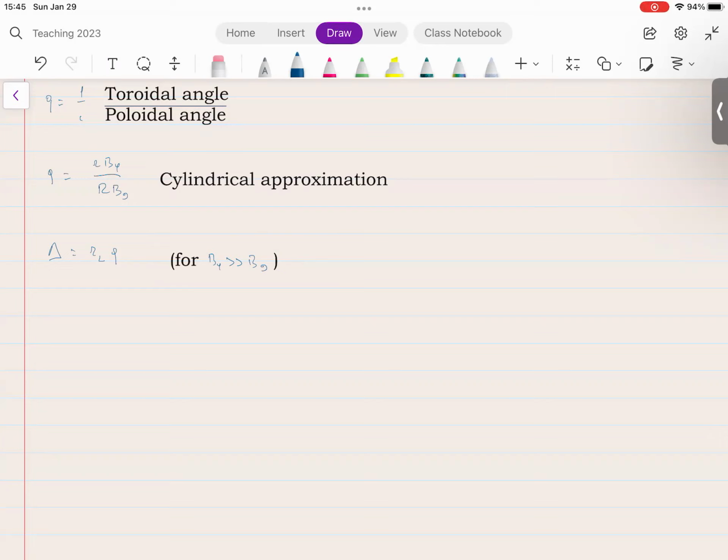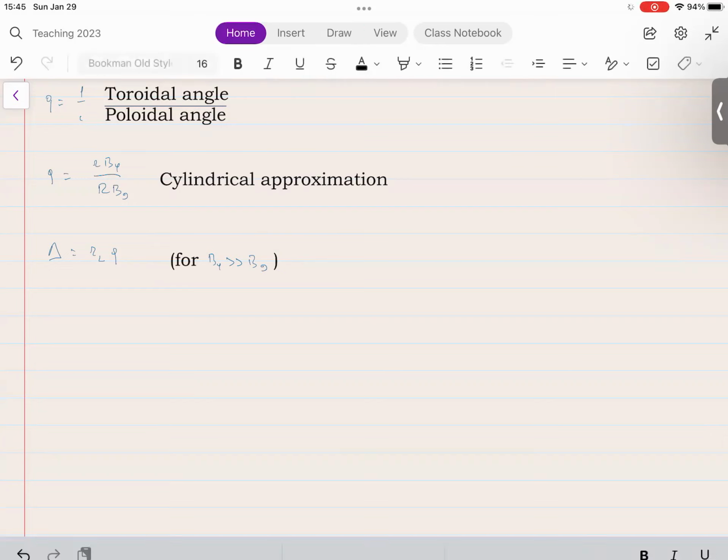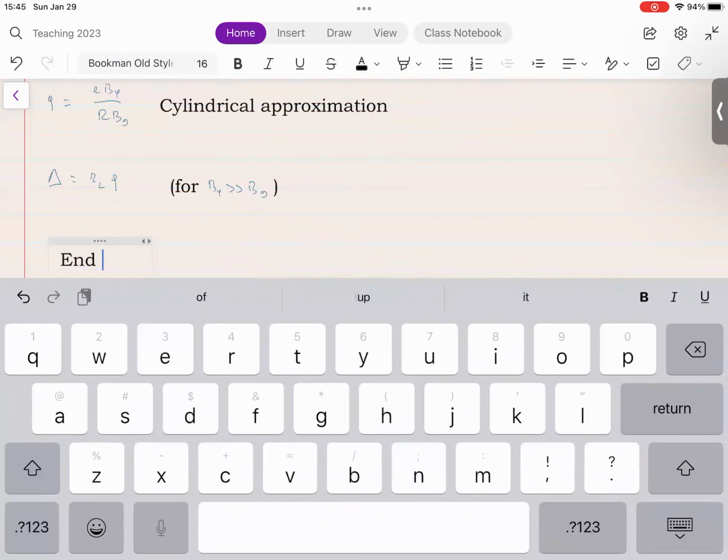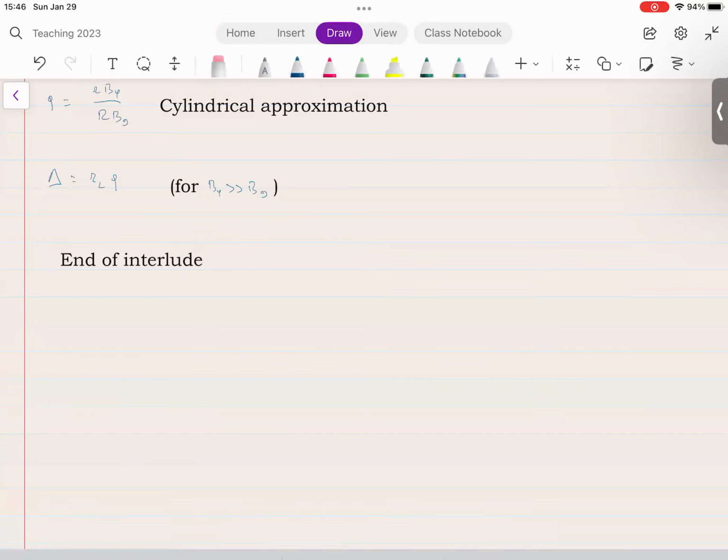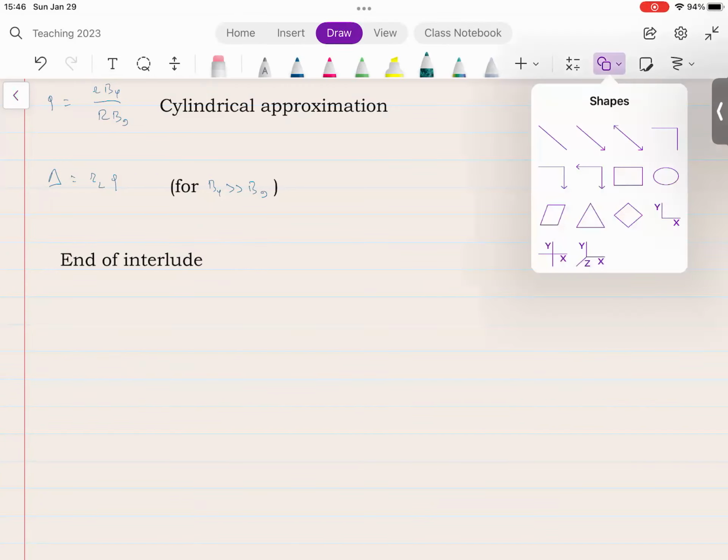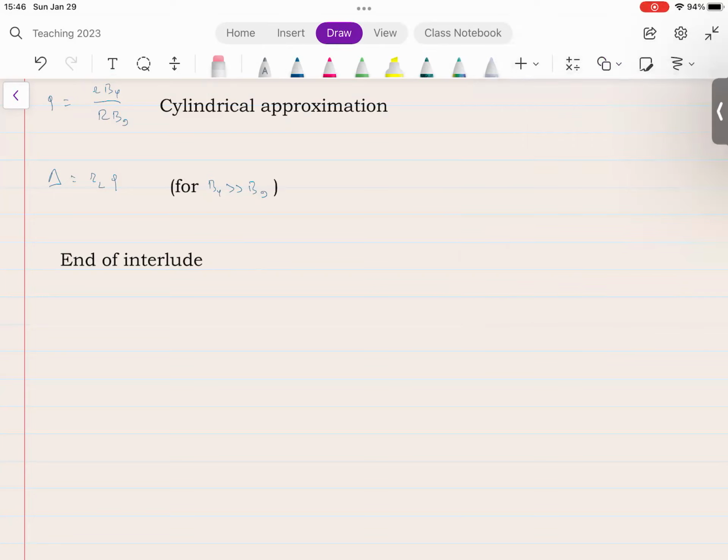Okay, this is going to be the end of our interlude. And we're going to go back to motion of a single particle in the presence of magnetic and electric fields.